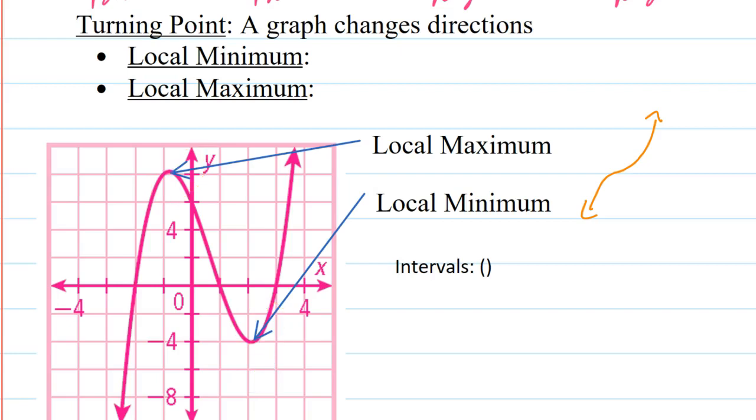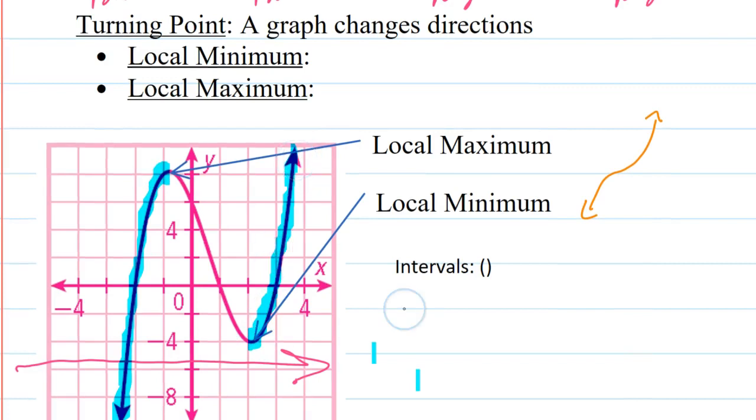Now what this does is it gives us an opportunity to write our intervals. Basically, as I read the graph, just like I read a book, from left to right, what is the graph doing? When is it going up and when is it going to go down? Well, we can see that the graph is going up from negative infinity all the way until we reach negative 1. The graph again is going to go up to positive infinity.